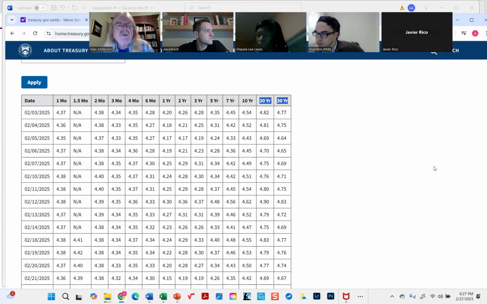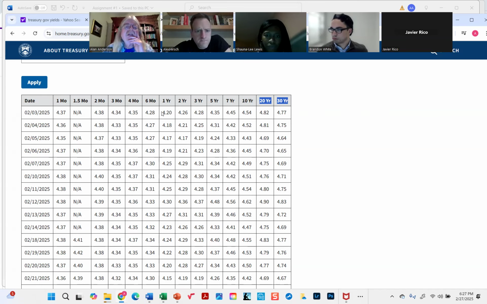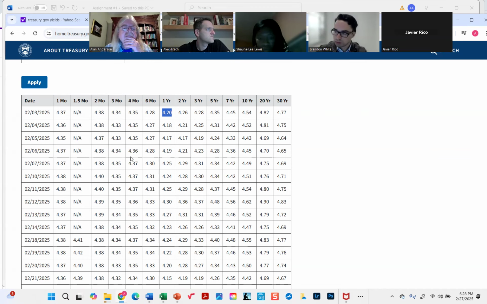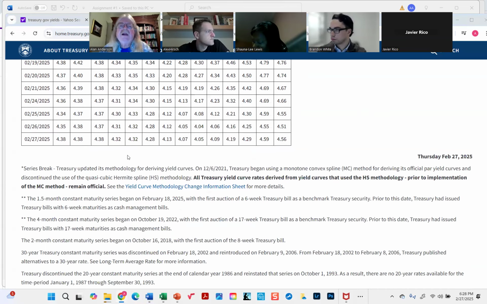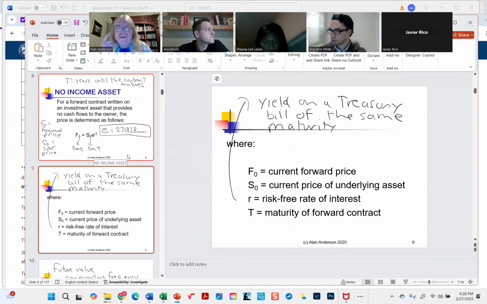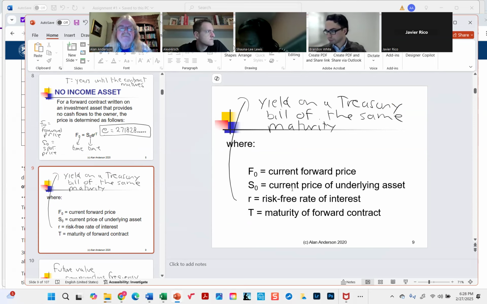So the yields on these treasury securities are defined as risk-free rates of interest. If I buy the 1-year treasury bill, I'm guaranteed to get a 4.20% rate of return. So we'll plug this into our model. By the way, we're going to find out why that's the case later on. And then T finally is the maturity of this contract.